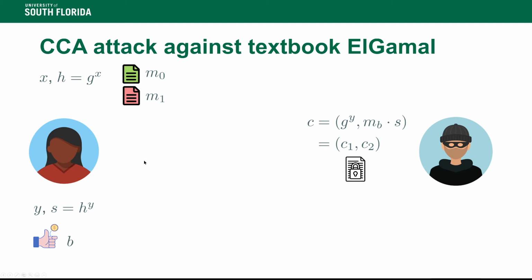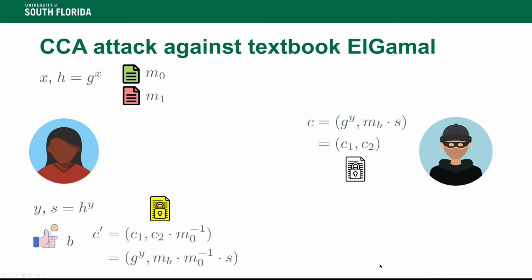Now the adversary can craft a new ciphertext that is related to the ciphertext that has been sent. The only thing that changes is the second coordinate, which is multiplied by, for example, the inverse of M0. So we have a legitimate encryption here of MB, the message that was encrypted, times the inverse of M0.